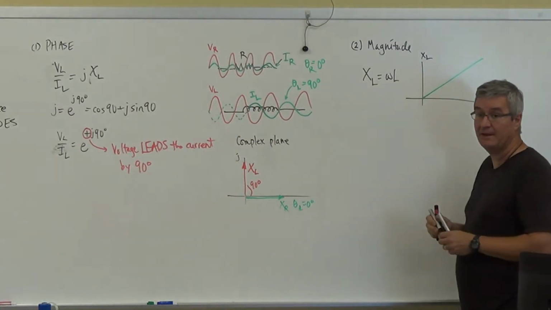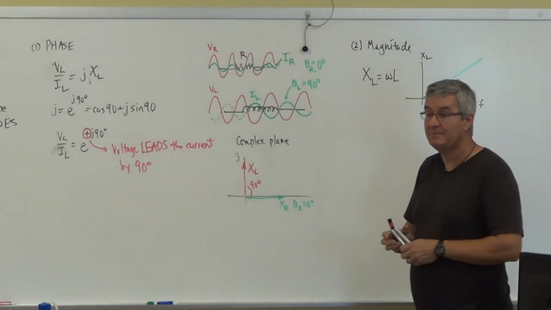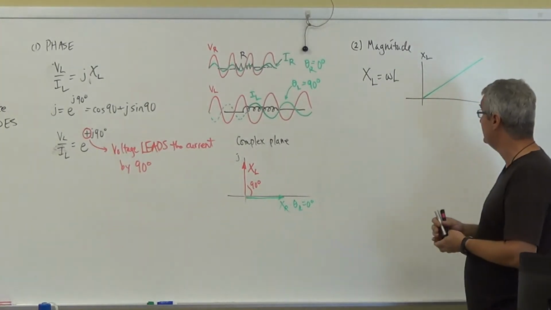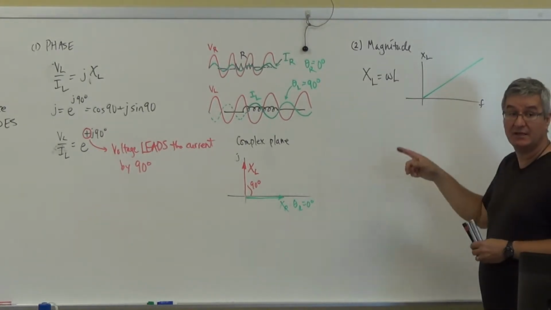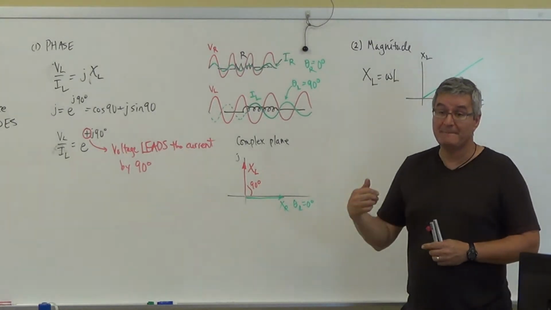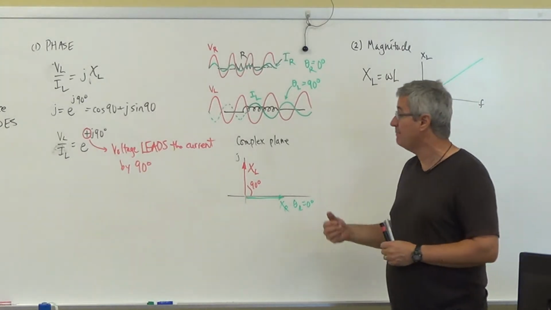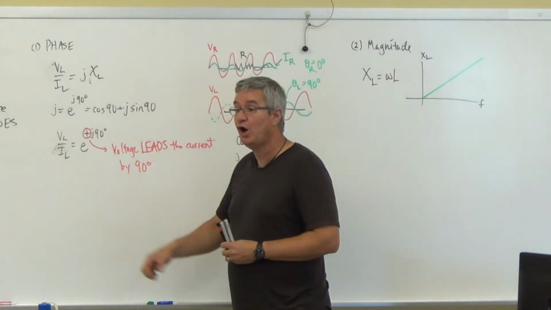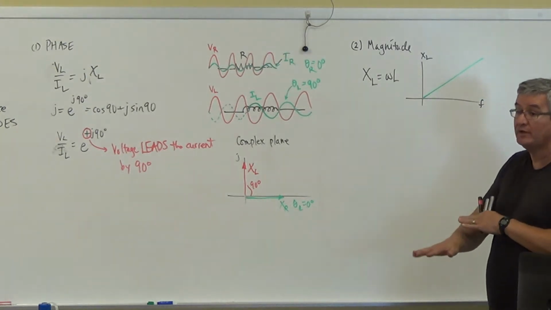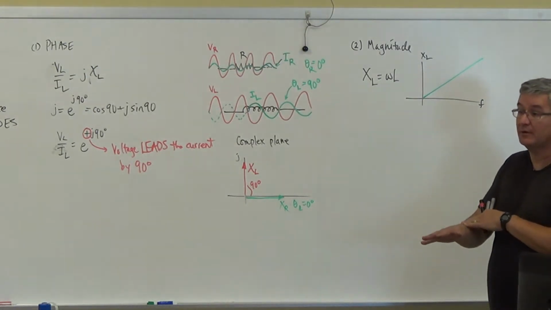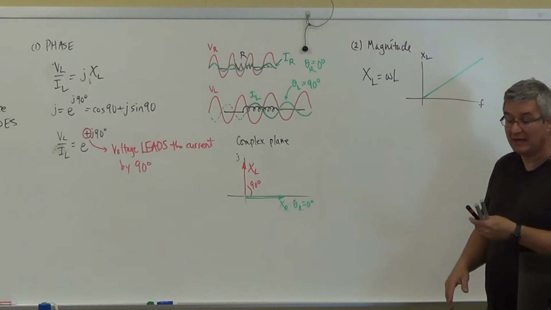And as we briefly talked about in lab, at higher frequencies you're creating a larger back EMF. And if that back EMF is large enough, what's it going to do? It's literally going to stop the current. It's going to behave like an open.